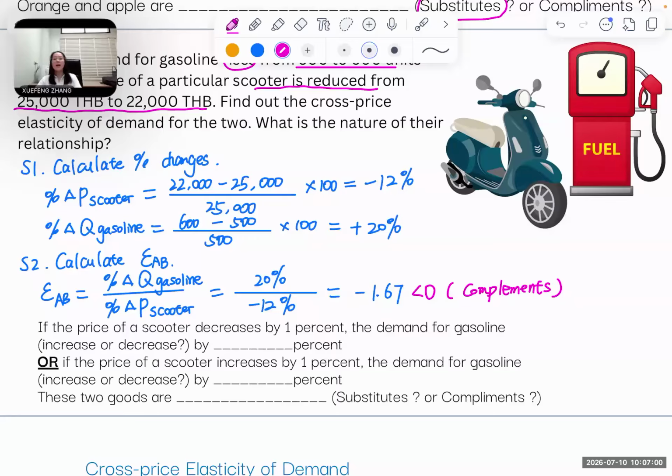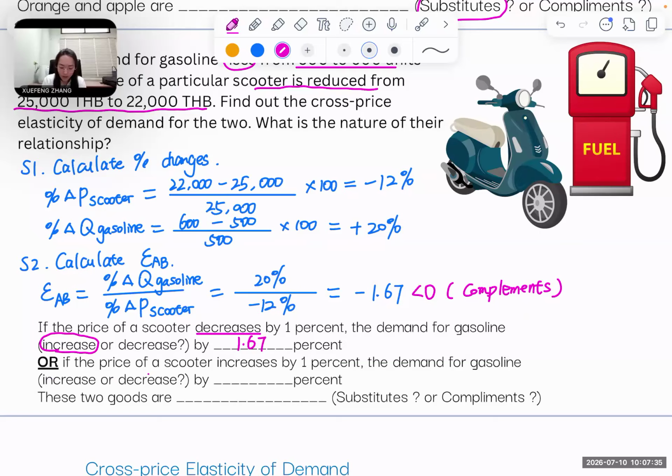Makes sense, right? Makes perfect sense. Cheaper scooter, more people buy scooters, okay? And more gasoline needed. Let's fill in the blanks. If the price of a scooter decreases by 1%, the demand for gasoline will increase by 1.67%.